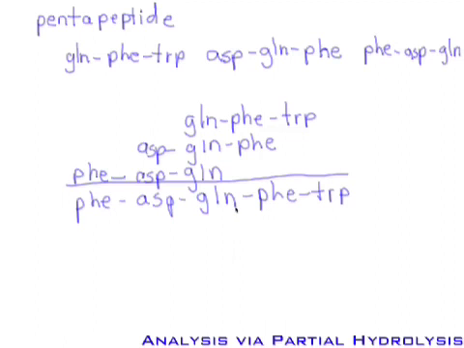Notice if we broke this one at the glutamine phenylalanine spot, we would have only gotten one tripeptide. But another pentapeptide could have broken in a different place. We can generate all these three tripeptides from a certain number of pentapeptide molecules.